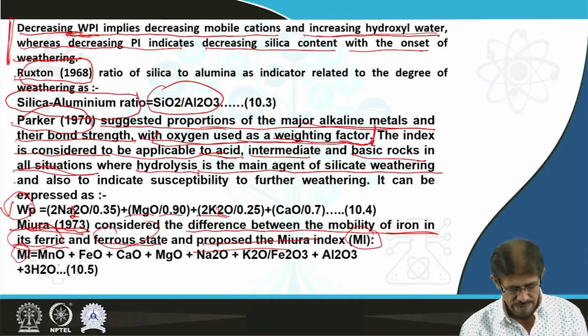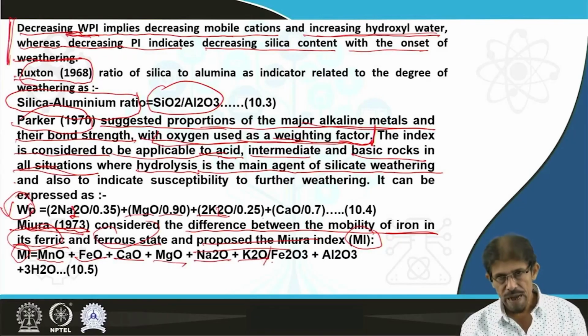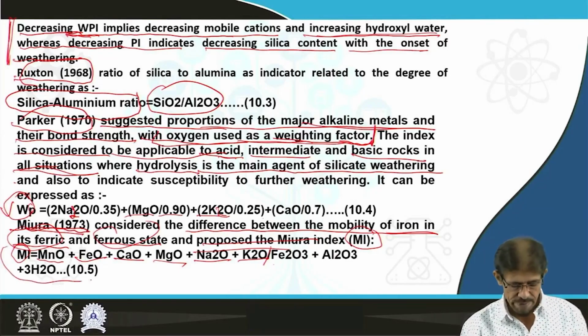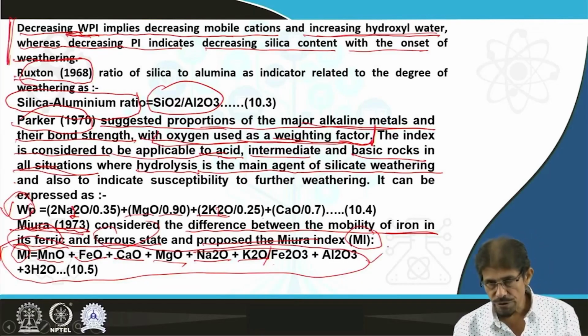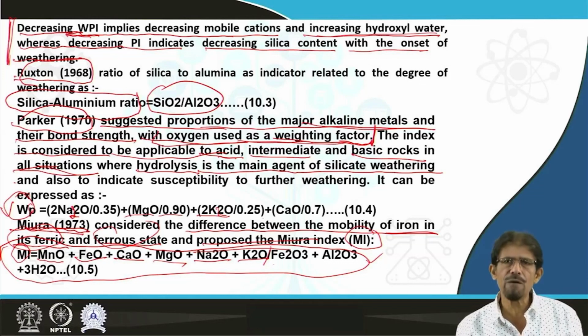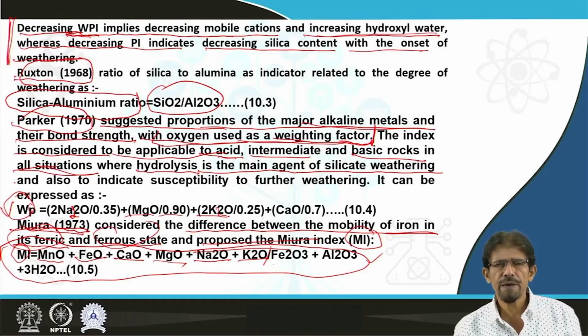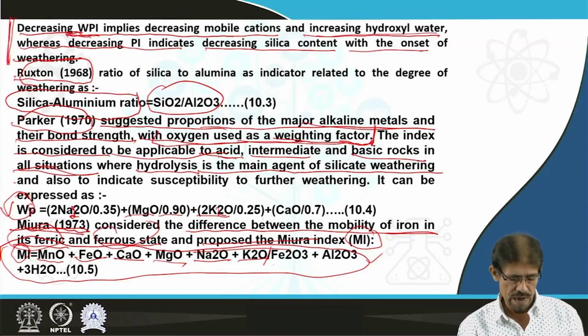This is simply the sum of MgO plus CaO plus Na2O plus K2O divided by Fe2O3 plus Al2O3 plus 3H2O. In this way, with the help of these chemical compounds and their arrangement, we are able to estimate the weathering potential semi-quantitatively.